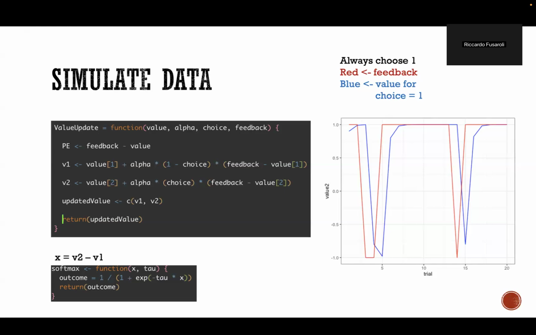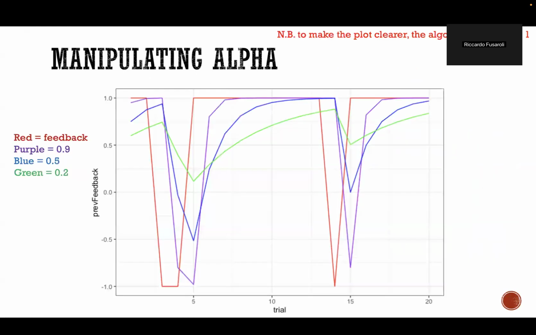So now that you can read that plot, what we can do is explore different values of learning rate and different values of temperature to see how things work. Here we're just manipulating alpha, the learning rate, and you can see that as we decrease the learning rate from 0.9 in purple to 0.5 in blue to 0.2 in green, the adjustments of the expected values that the algorithm does are much slower.